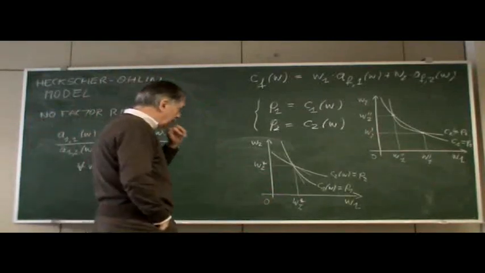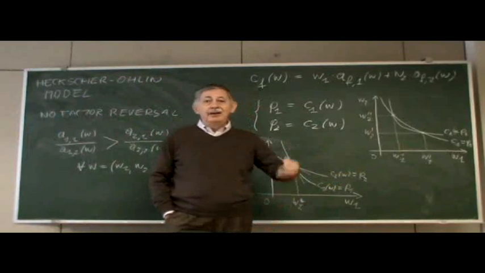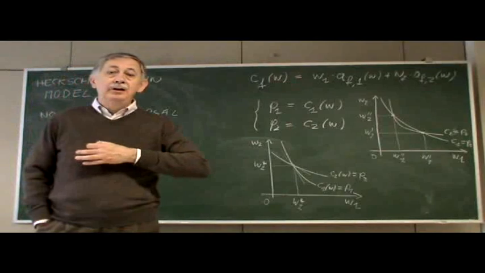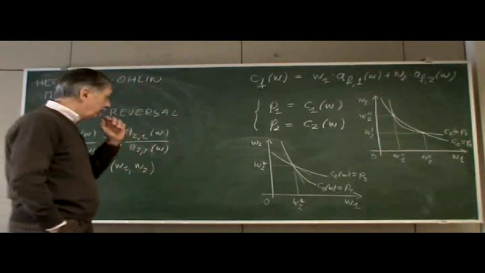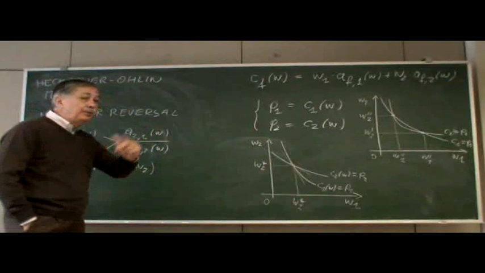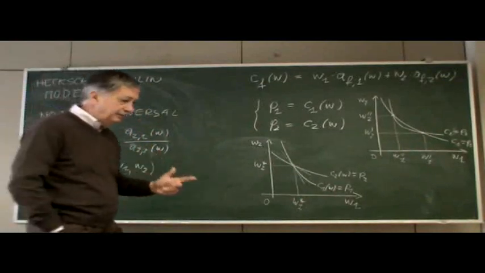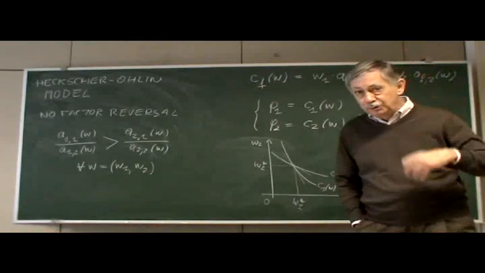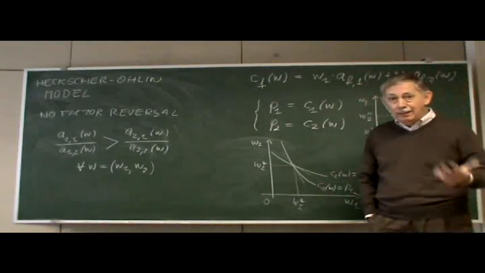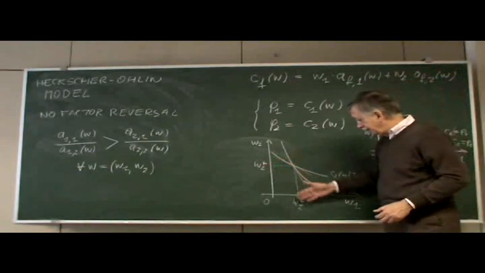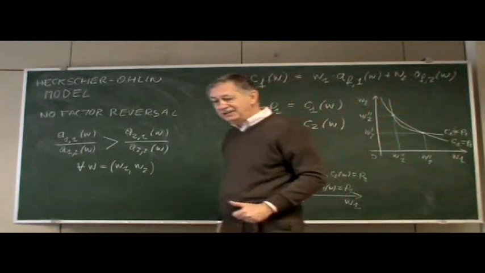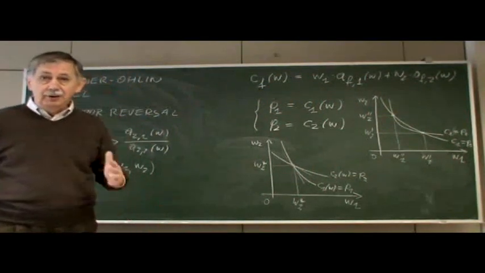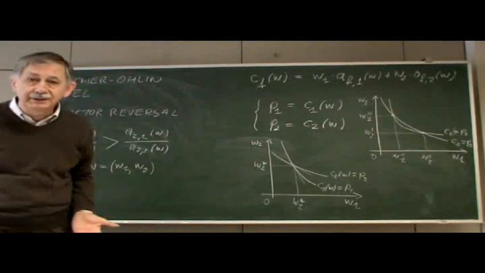To conclude, note that in this result, the available quantities of factors in every country are irrelevant, provided that there is no complete specialization. In other terms, if our country produces a positive quantity both of good 1 and good 2, then the equilibrium factor prices are determined and are independent from the available quantities of labor and capital.